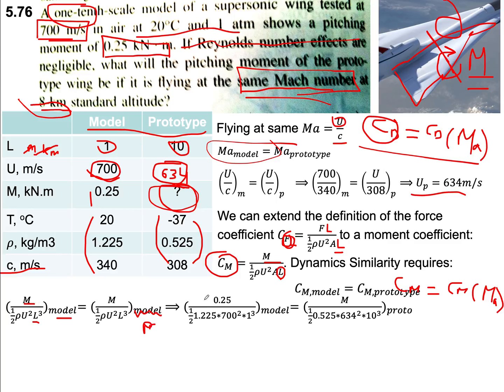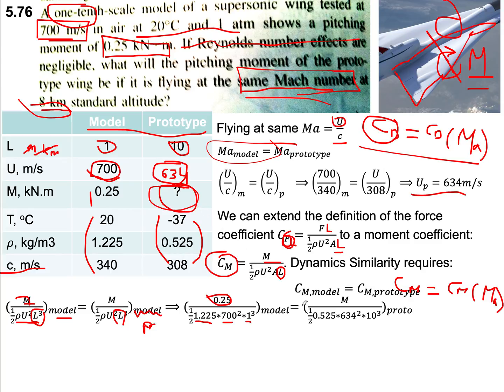Then plug in numbers. I have 0.25 kilonewtons for the moment. The density, velocity, and length in the wind tunnel test are 1.2, 700 meters per second, and the length, we don't have units, but it's 1, because it'll be a length scale ratio, so I don't care what the actual units are.